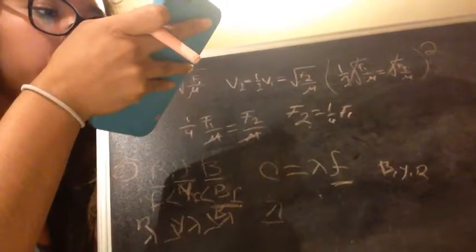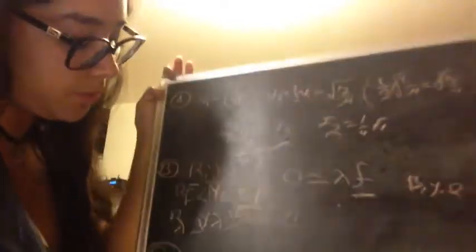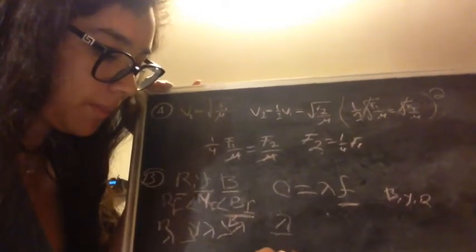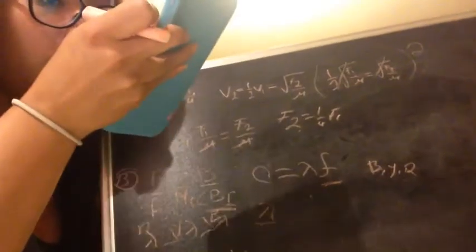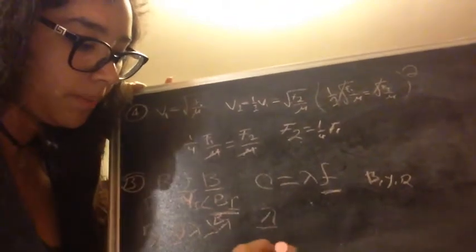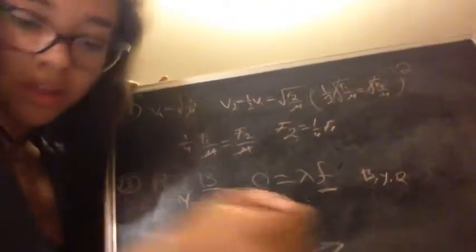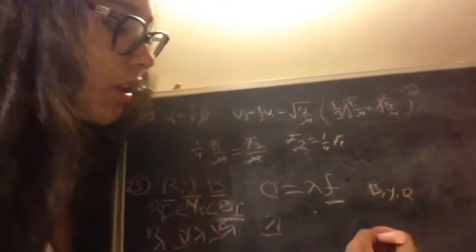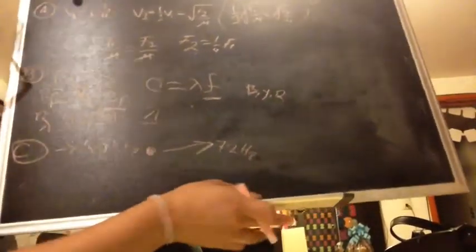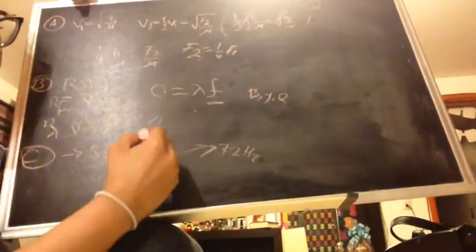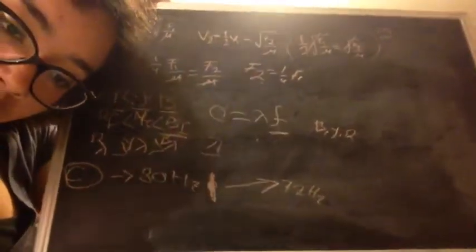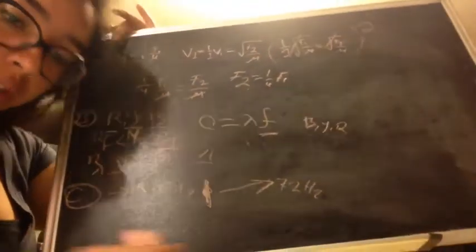You hear a frequency of 80 Hz when it is approaching you. After the car passes, when it goes away, you hear a frequency of 72 Hz. So when it's approaching you, you're at this point, you hear 80 Hz. When going away, you hear 72 Hz. And it wants you to find the speed.